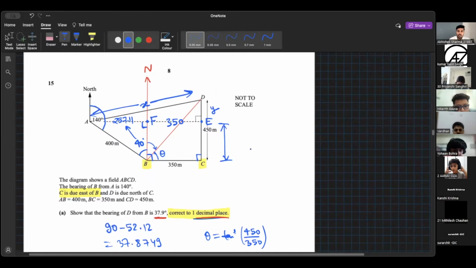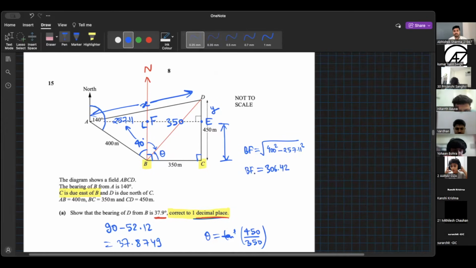So to find BF, we do under root of 400 square minus 257.11 square, and we'll get the length of BF. Let's check. Under root of 400 square minus 257.11 square, and the answer is 306.42.